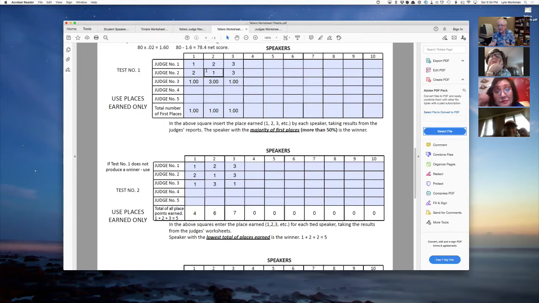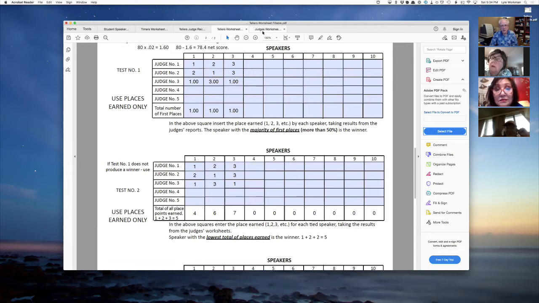Don't overthink it. All we need to know is that if we have 3 speakers and 3 judges, judge number 1 is going to have a first place, a second place, and a third place person. Judge number 2 will have a first place, a second place, and a third place. Judge number 3 will have a first place, second place, and a third place.